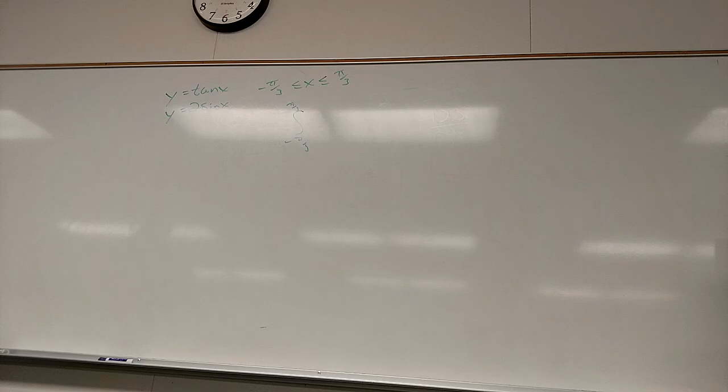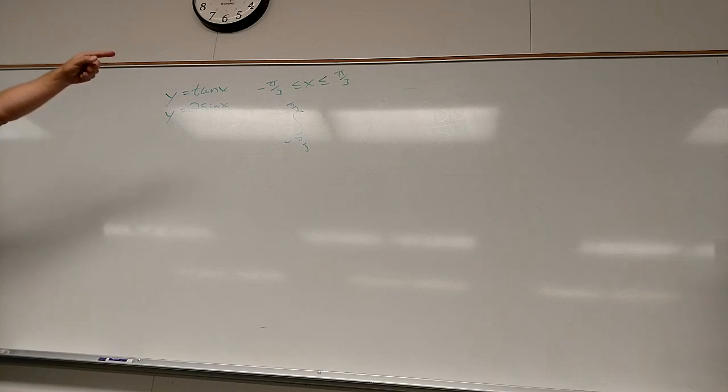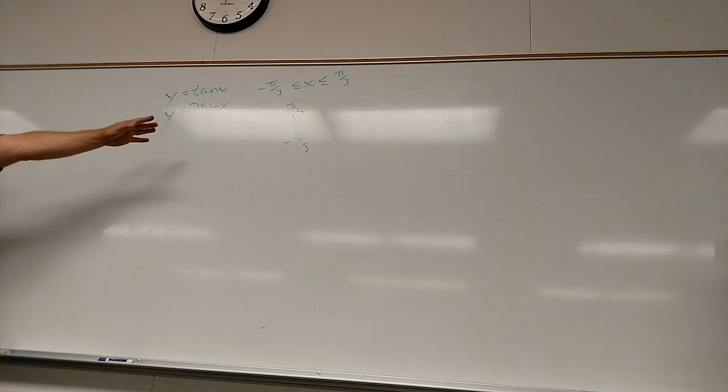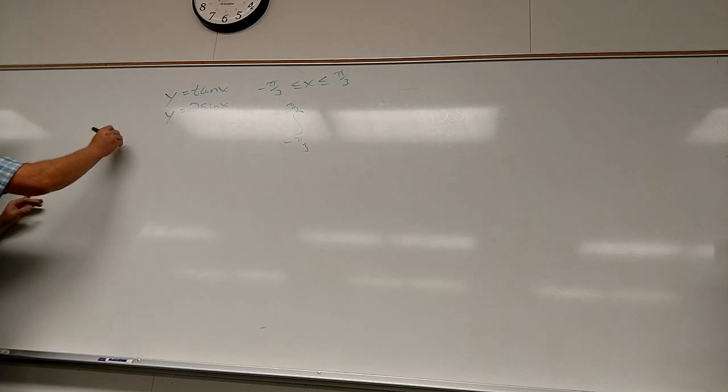Do like the representational graph that you had before. Sure, I could. I could also just see where they cross and see if it's in that interval, right? So how do I see where they cross? The same way we did before. Set them equal to each other, right? Tangent x.